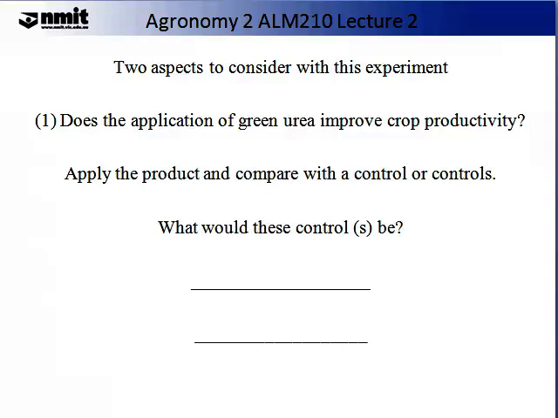I'd like you to take some time now to pause this lecture and have a think about what that control or controls might be. Ensure that you write these and your ideas in your lecture notes and bring them to the Yangying Field Day visit. We will be discussing these potential controls at length during your visit.